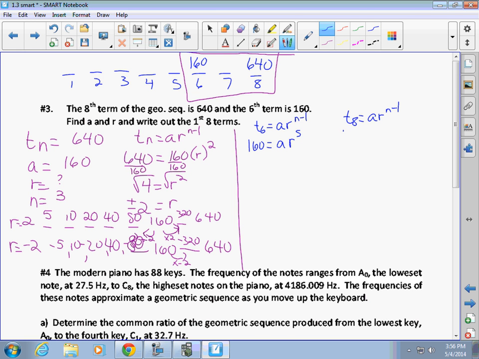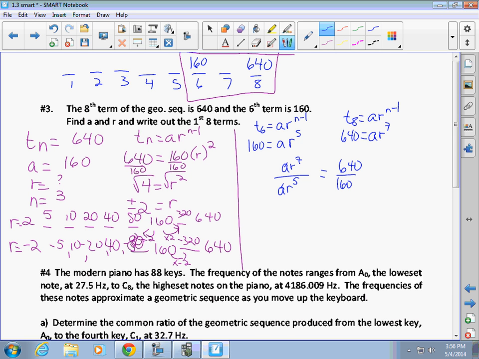So my 8th term was 640. That equals ar to the 7. So if I set this up as a fraction, I can say ar to the 7, or as a ratio, I guess, over ar to the 5 is equal to 640 over 160.